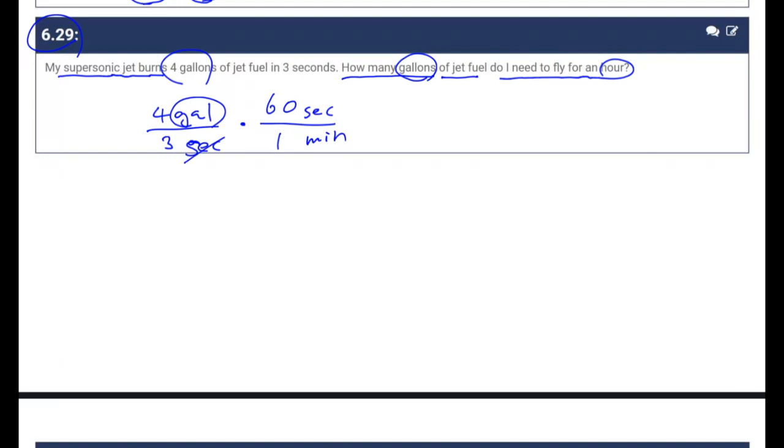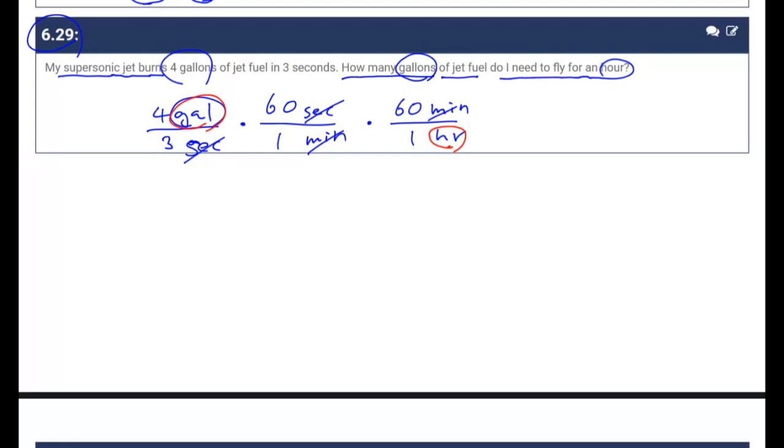So second will be gone, and we have to find an hour. So I'm going to put minute on the top and hour on the bottom, right? So that minute will be gone, and we know 1 hour has 60 minutes, right? So the only unit we have is gallon per hour. All other units are reduced, right? That's how we do unit conversion using EMBO, multiplying by 1, right?